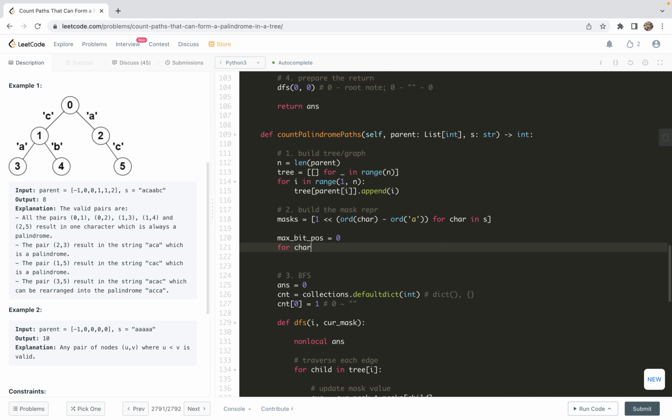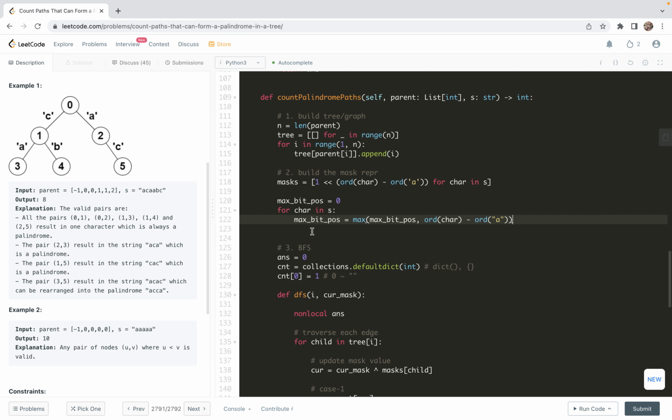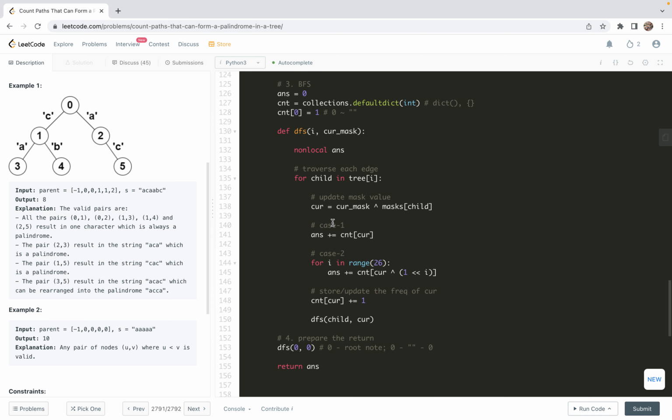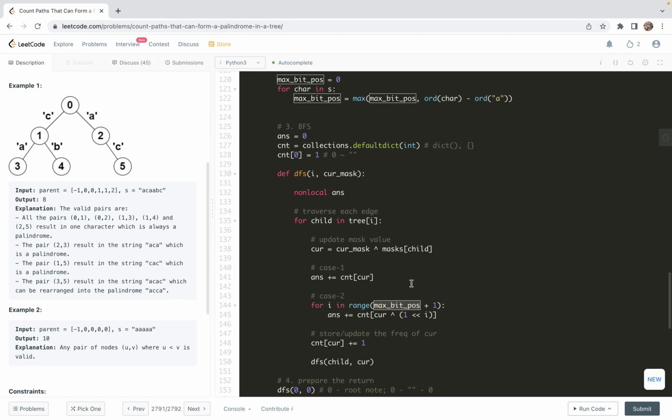So for character in S, I'm going to update max bit position to the ordinality of character minus the ordinality of A, right? We record this, and then we just need to examine this number of bit positions, so we can change here to max bit position + 1, because the largest index will be here, right? And then we do this.